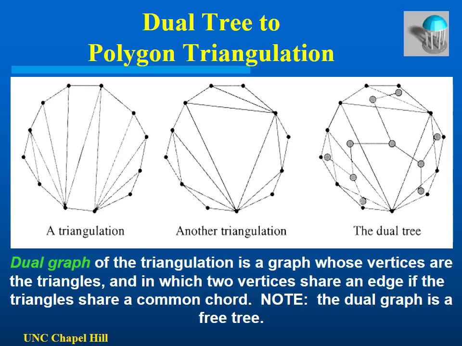So it has just a single arc in the graph connecting it to another node. This graph, which we call the dual graph, can be shown to be a free tree, and this can be seen in the next slide.